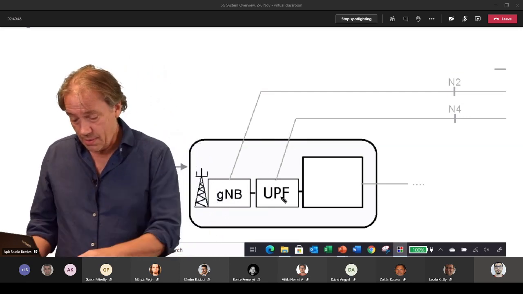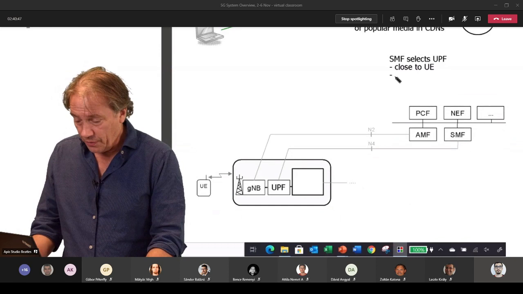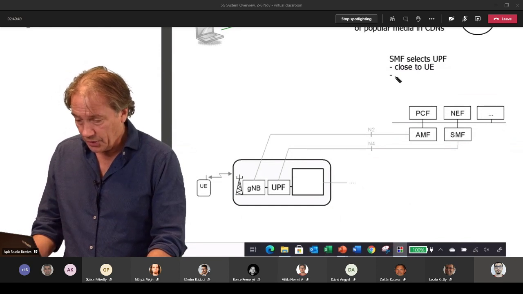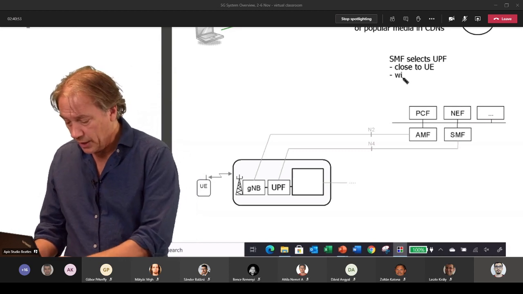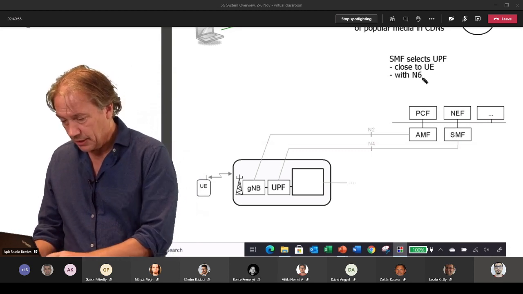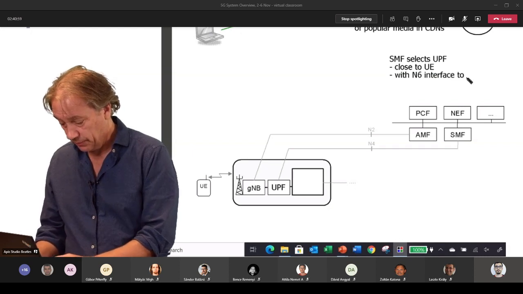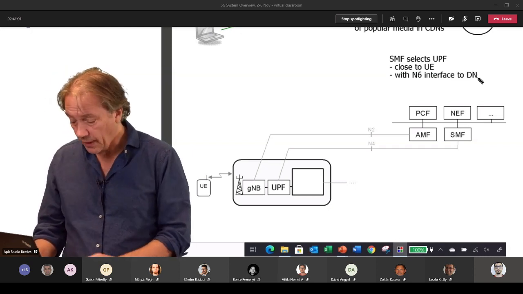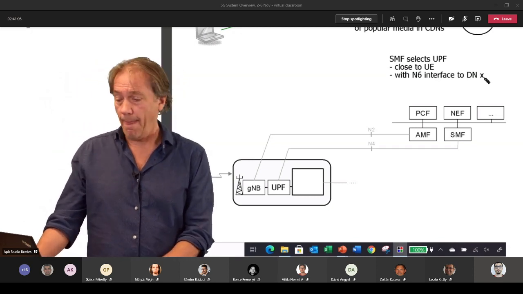So the SMF selects a UPF with an N6 interface to data network X, Y, or Z.